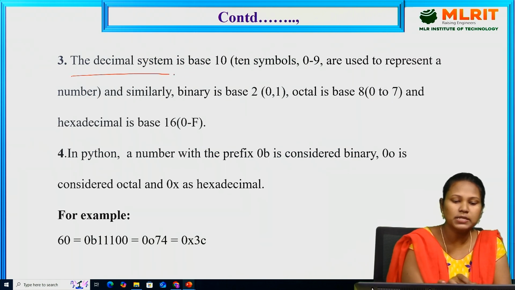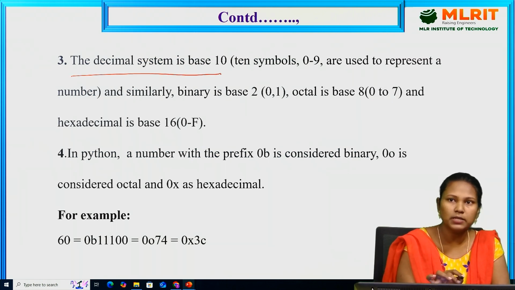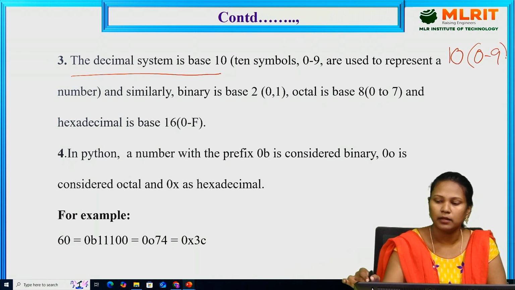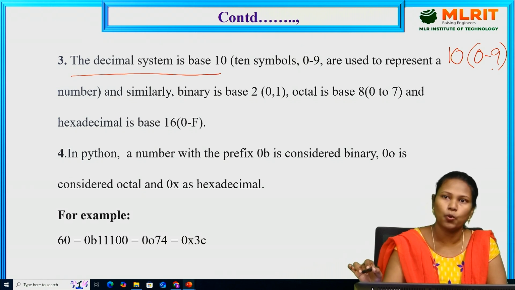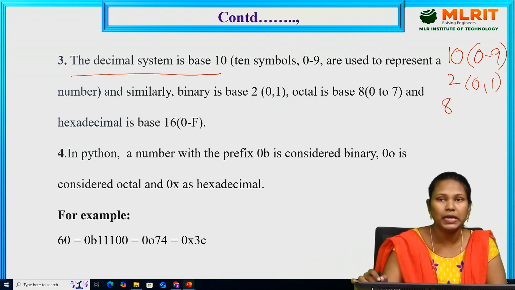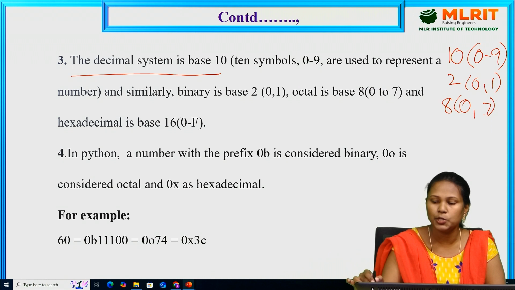The decimal system is base 10, and it contains the digits 0 to 9. The binary system contains two values only, 0 and 1, so the base is 2. Octal contains only 8 values, so the base is 8, and the values are 0 to 7.